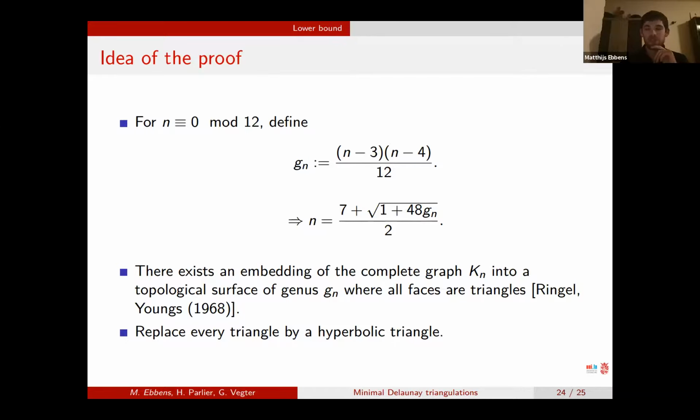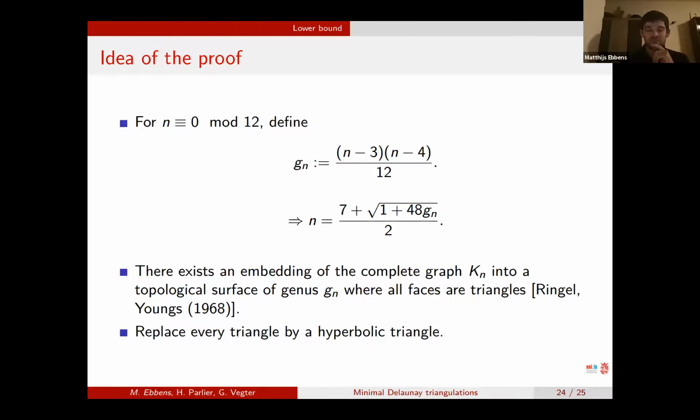But I couldn't form an image of what it would look like in terms of the thick-thin decomposition. It looks like the injectivity radius of the entire surface would be quite large, but I didn't find a proof.